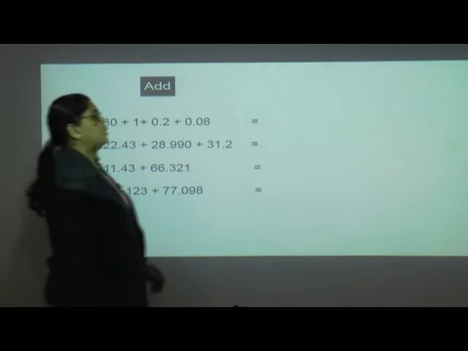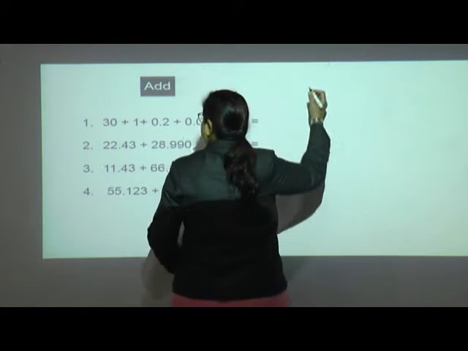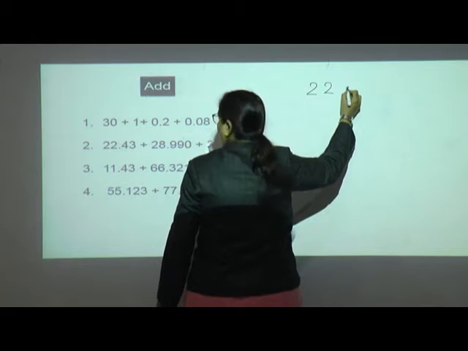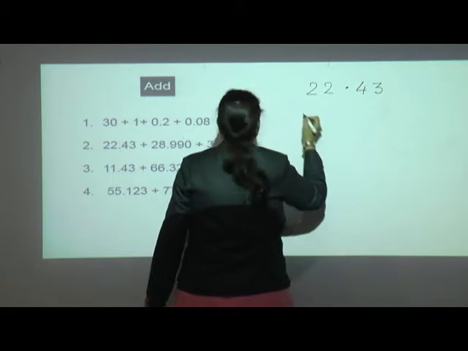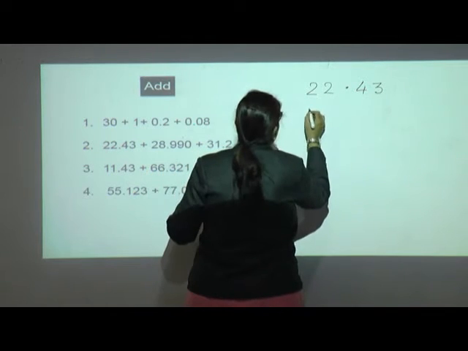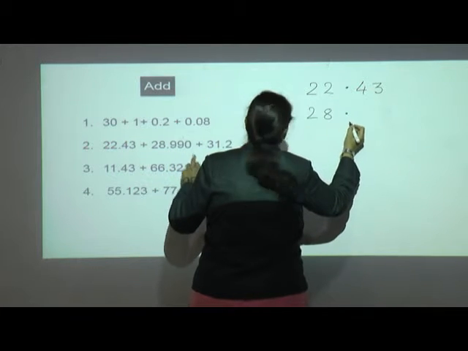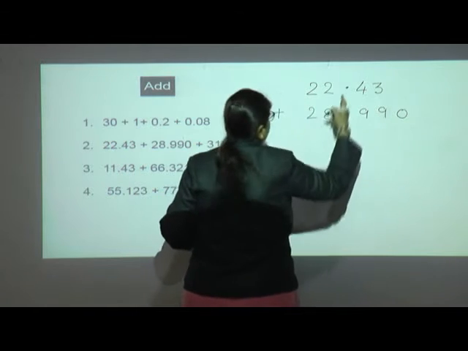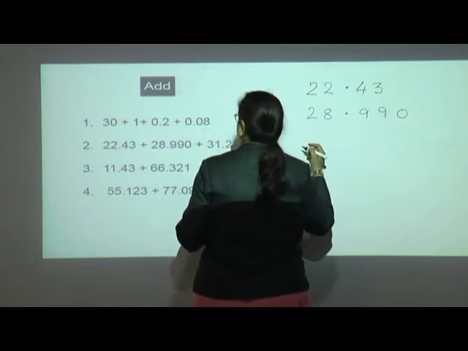First we will write 22.43, then the plus sign, then 28.990, because we have to write the decimal points one below the other, in an aligned form.